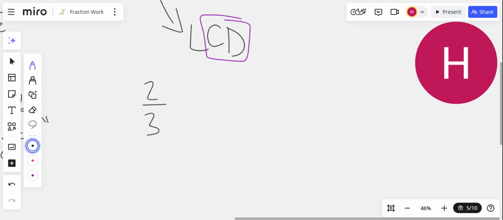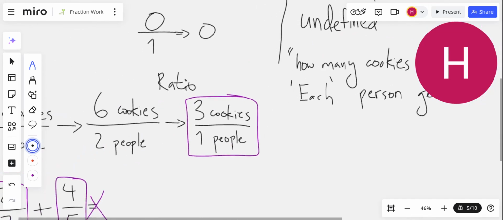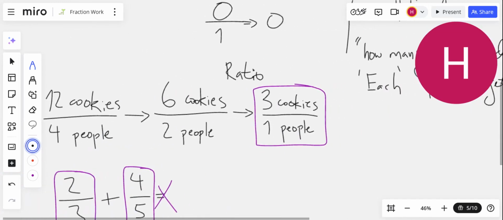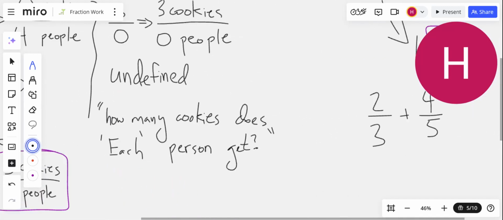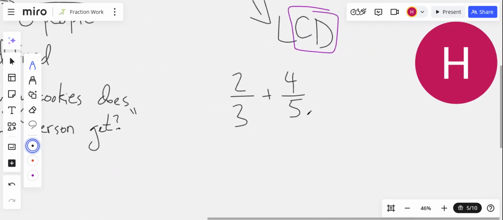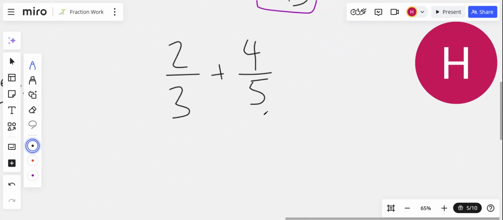If we have that 2/3 and 4/5 that we're trying to add together, we can instead use this concept of a ratio to artificially increase the number of people that we're talking about to match. So here's what I can do: this denominator needs to be something looking more like 5, and this other denominator, which I'll circle rather than square box, needs to be something looking more like a 3 rather than a 5.